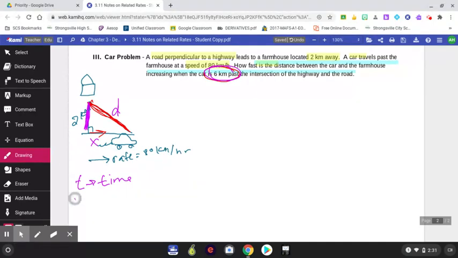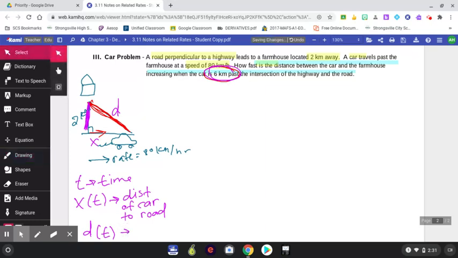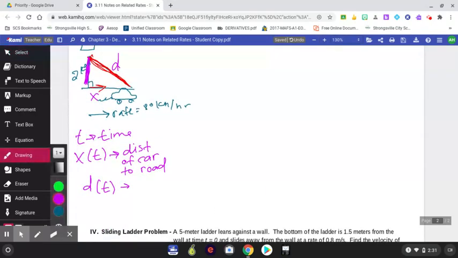Okay, we said that x, or I'll say x of t, is going to be the distance of the car to the driveway, or to the road, I should say. That's this lower distance, that lower leg, and d of t, that hypotenuse, is going to be the distance of the car to the farmhouse.